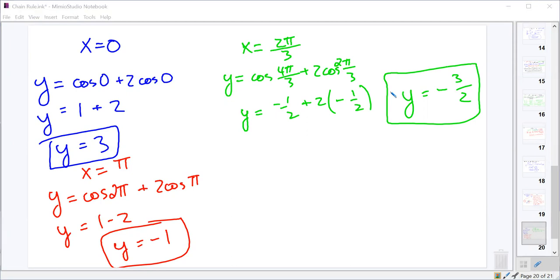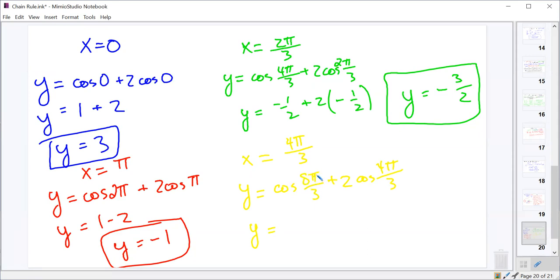And last one, we got x equals 4 pi over 3. So we got y equals the cosine of 8 pi over 3 plus 2 cosine of 4 pi over 3. And if we're talking about the cosine of 8 pi over 3, what angle is 8 pi over 3 the same as? 2 pi over 3. We can knock off the 2 pi from that.